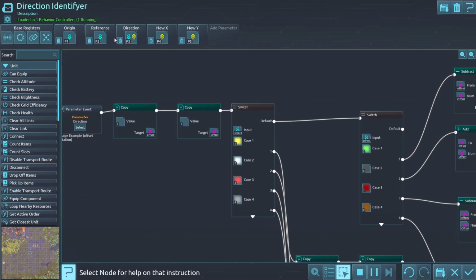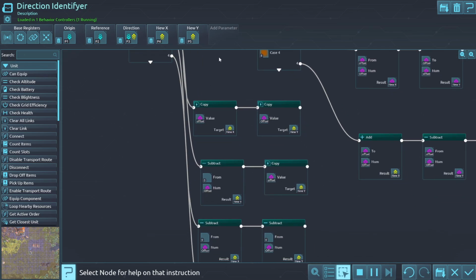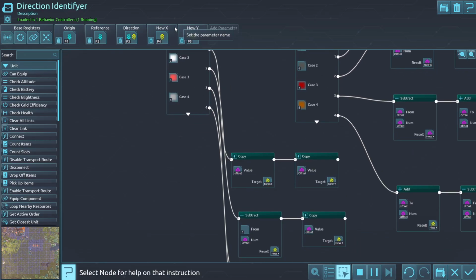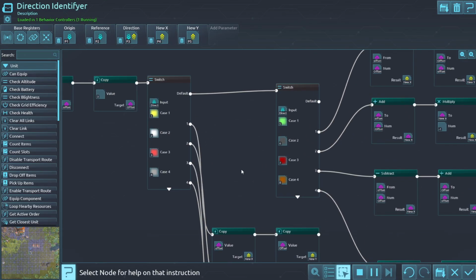If my direction parameter changes to yellow in this switch, then I know that I'm going north. All I do is copy the X offset that I set up here directly to the X output, and then I set up the Y offset to the Y output. We just use the default.